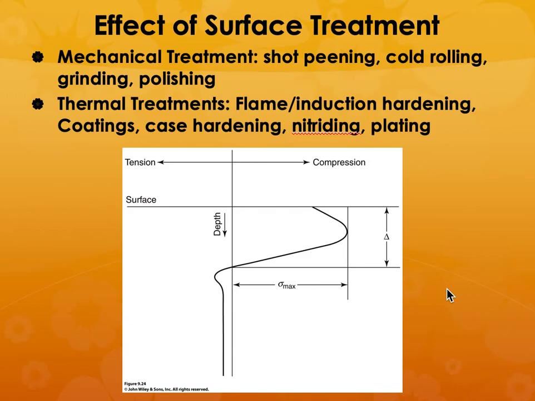So how can you improve the fatigue strength of materials? These are typically done either by mechanical treatment or by thermal treatment. Mechanical treatment includes something called shot peening.